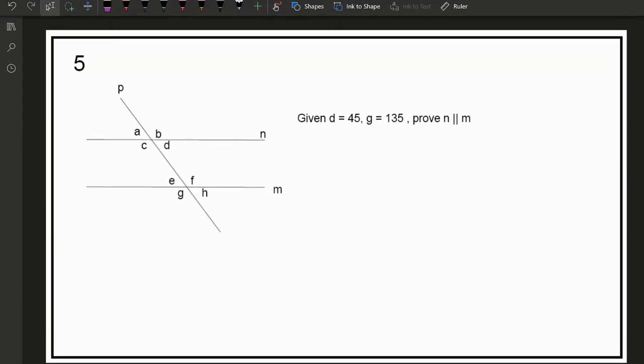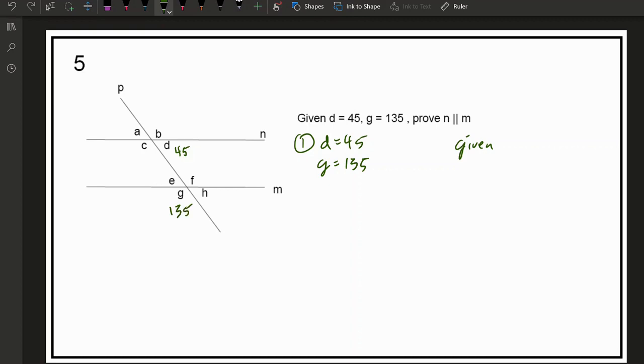Okay, number 5. Given that D is 45 and G is 135, prove N is parallel to M. So again, step 1, D equals 45, G equals 135. That is given. So let's fill that in. D is 45 and G is 135.